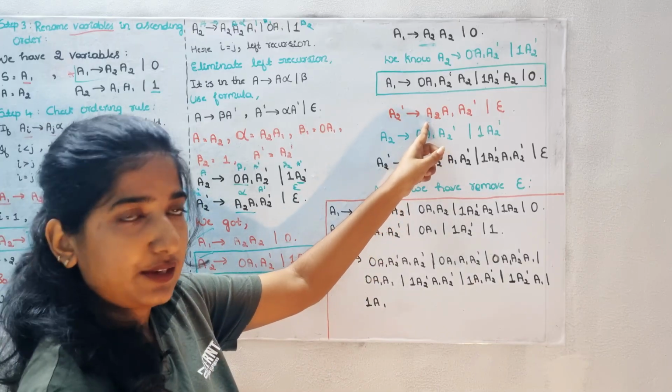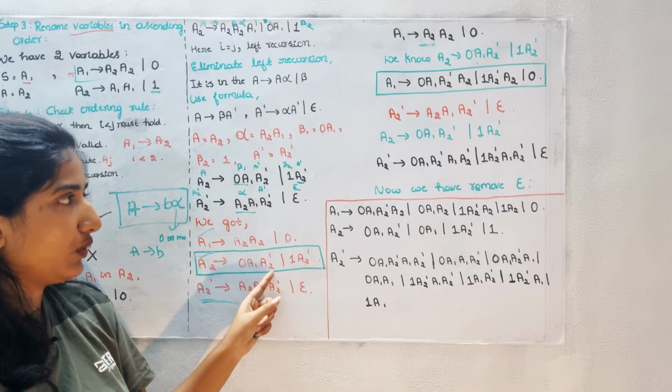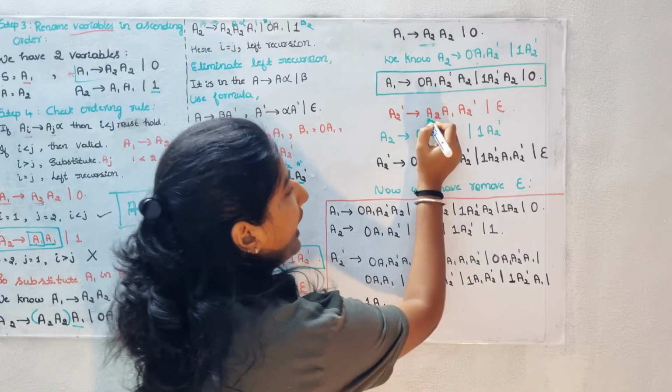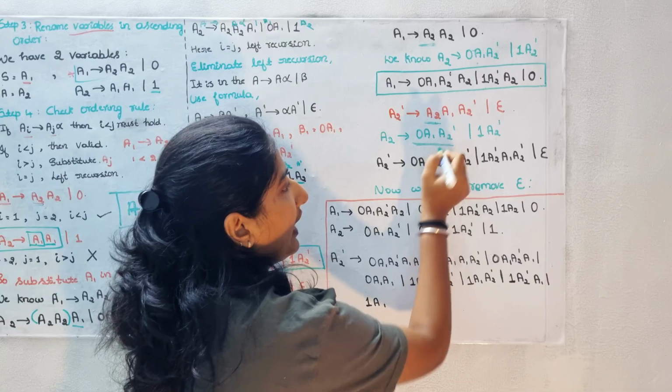First one is A2. We already know the value of A2, that is 0 A1 A2 dash or 1 A2 dash. So substitute. So A2 dash derives A2. So A2 means 0 A1 A2 dash.